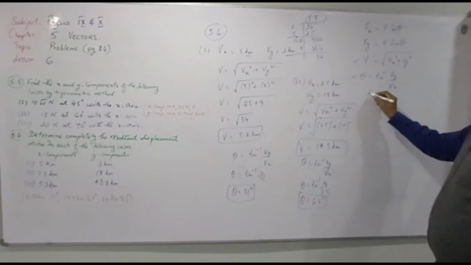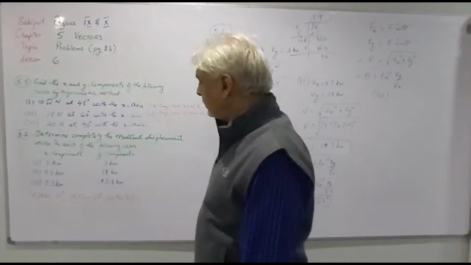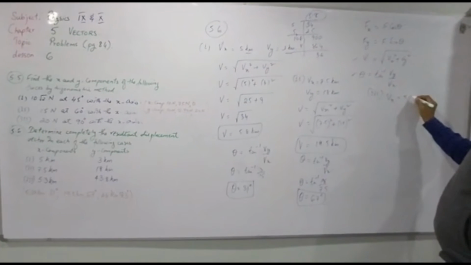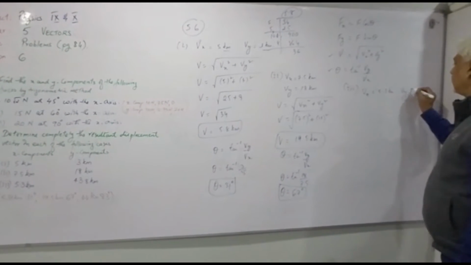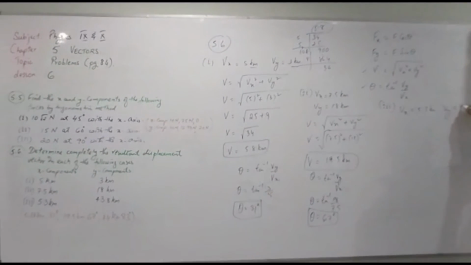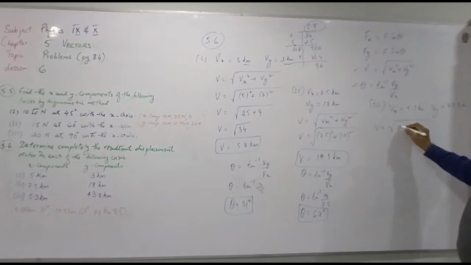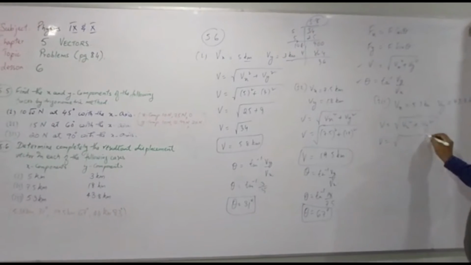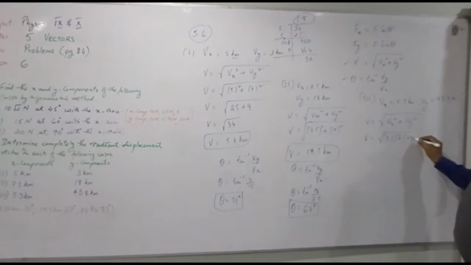Third part of the same question, 5.6. The x component Vx is 5.3 kilometers and Vy is 43.8 kilometers. So your resultant vector V would be the square root of Vx squared plus Vy squared, that is 5.3 squared plus 43.8 squared.